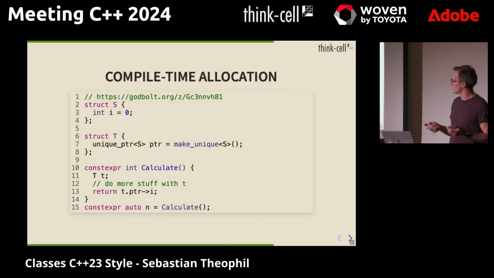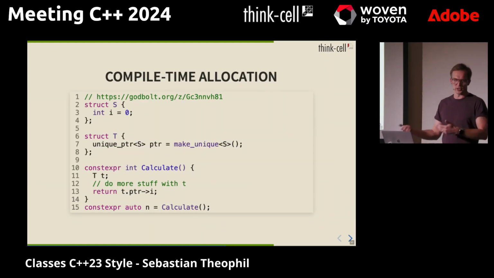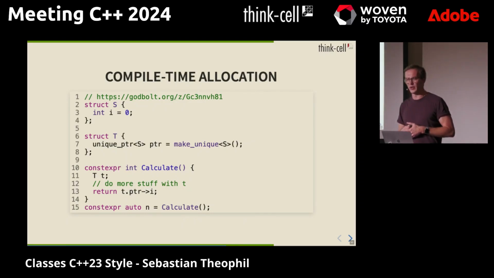And that's pretty cool, right? Years ago, there was a talk at CppCon about people who did the same for UB. They implemented a kernel for something, and they declared everything constexpr and evaluated their kernel at compile time. They wanted to run it at runtime, of course, but they tried to evaluate it at compile time to make sure it didn't have UB. And that's a pretty cool feature of constexpr.